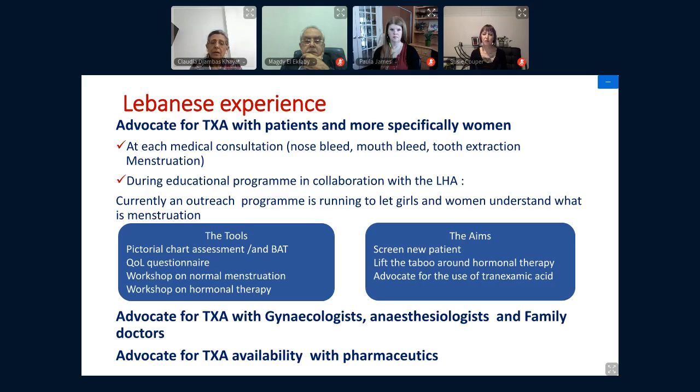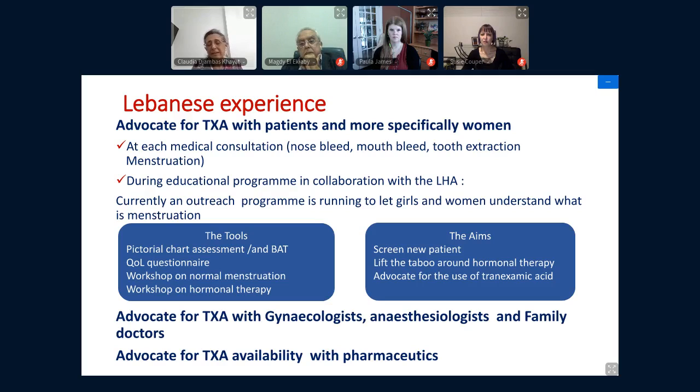So we have done a program to let them know what menstruation is. The tools we used during this program: we did a pictorial chart assessment, a quality of life questionnaire, and a workshop on what is normal menstruation and what hormonal therapy could be.